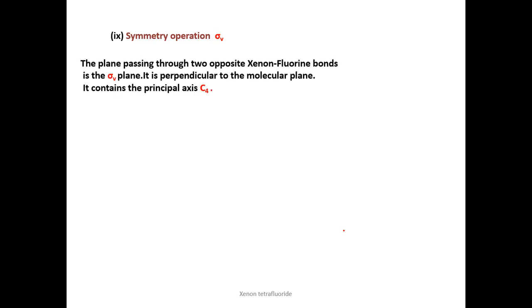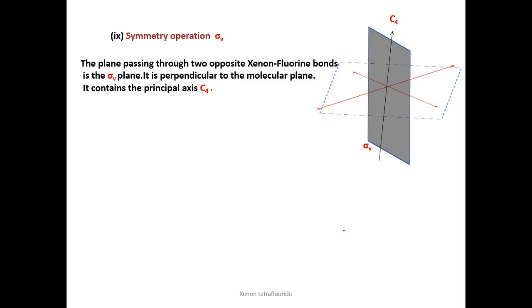Next is sigma V. The sigma V plane passes through the fluorine xenon fluorine bond and contains the C4 axis, something like this. I will just try to explain this. Here you have xenon and here you have one fluorine and here you have another fluorine, and both these xenon fluorine bonds are present in this plane, and this plane contains the C4 axis, which is the principal axis, so this is a sigma V plane passing through 3 atoms.